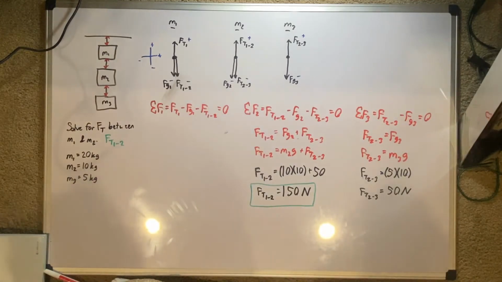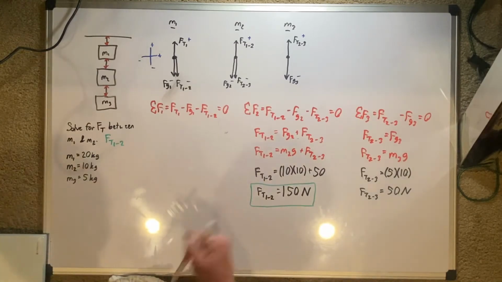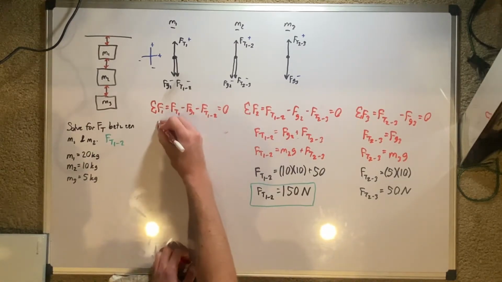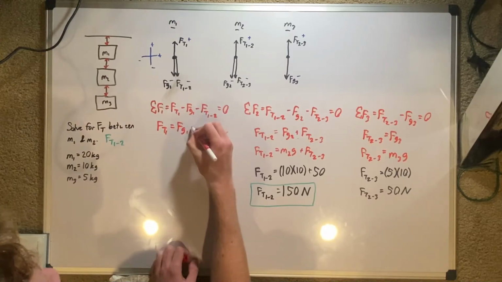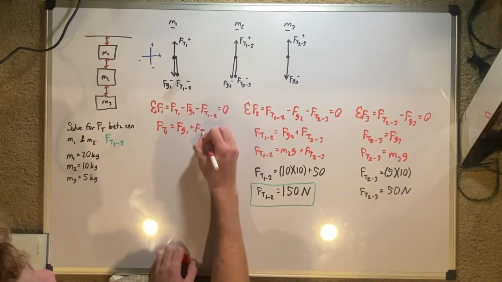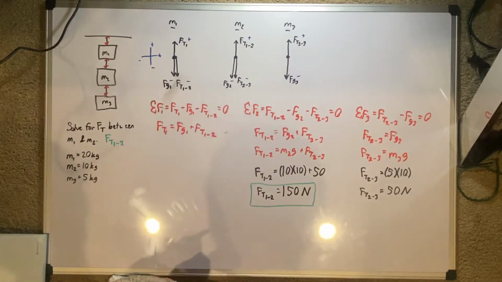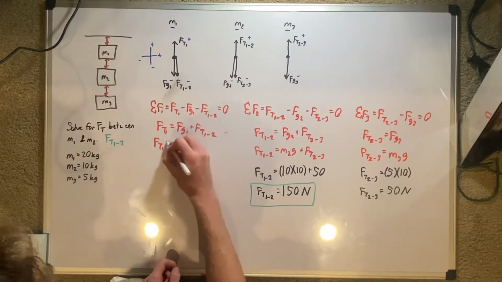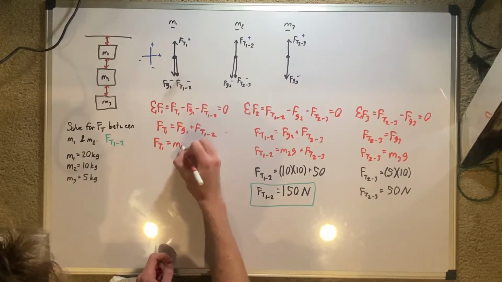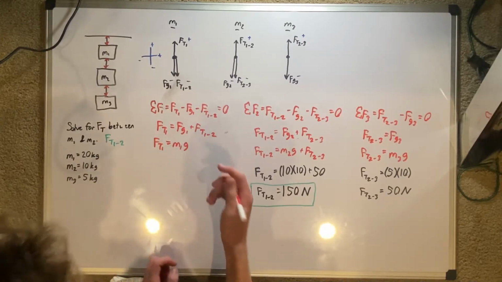Now, if we wanted to do the whole thing, from this, we would say, let's do Ft1 is equal to Fg1 plus Ft1 through 2. If you don't know how I got there, where have you been? And so Ft1, let's simplify it back down. We have a mass 1 gravity because that's what Fg is equal to.